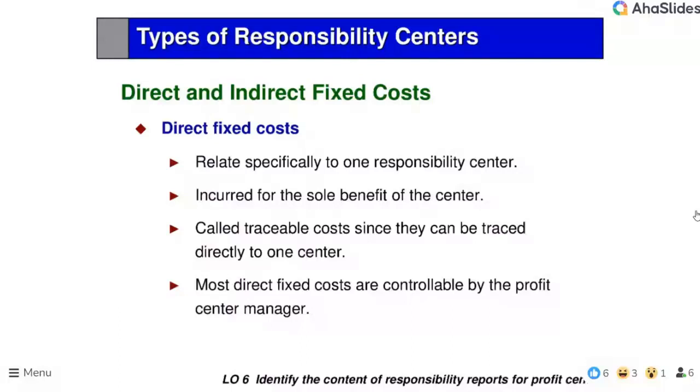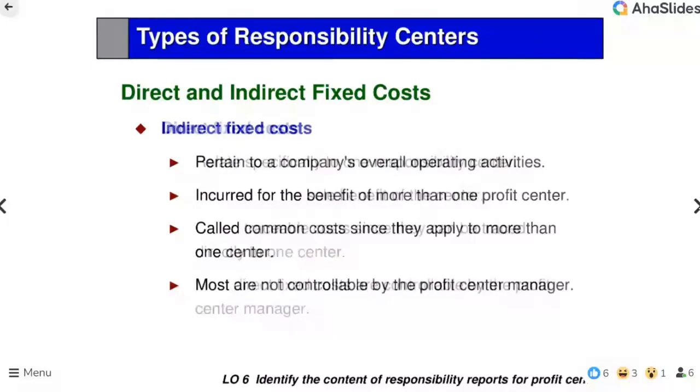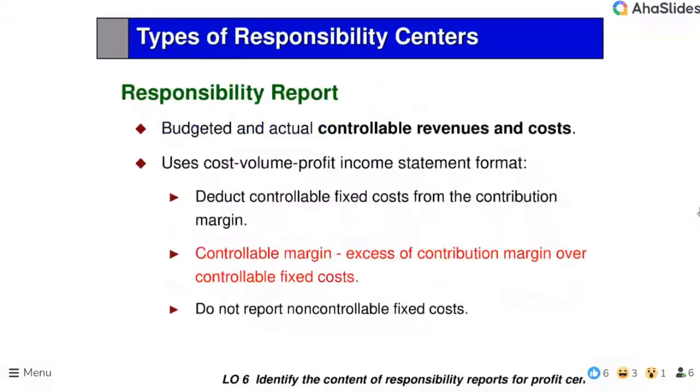So depreciation on computers used in the IT department benefits only that section, whereas property taxes would be indirect costs because they relate to the company as a whole. So now we don't use the term profit, we bring in a new term, controllable margin.